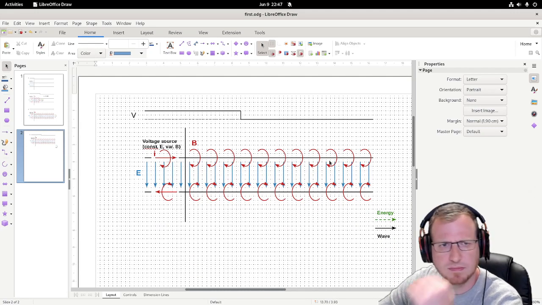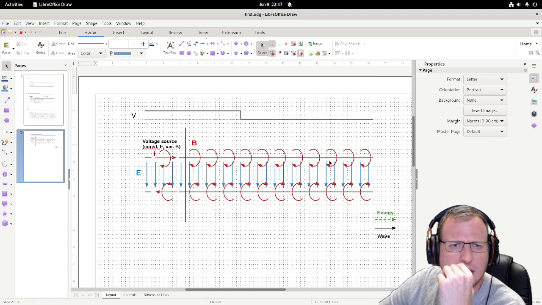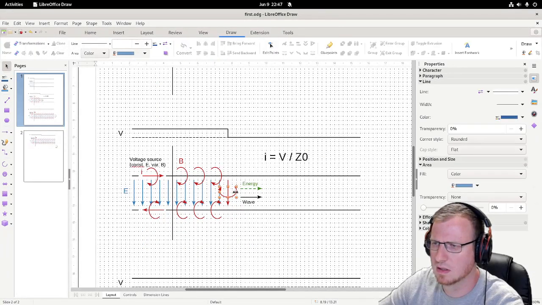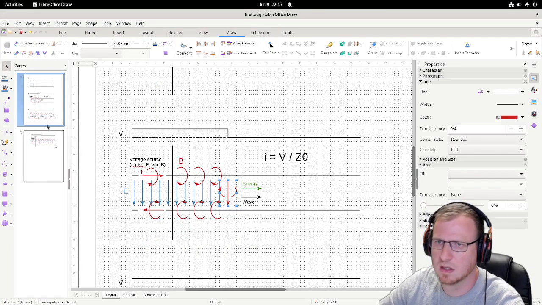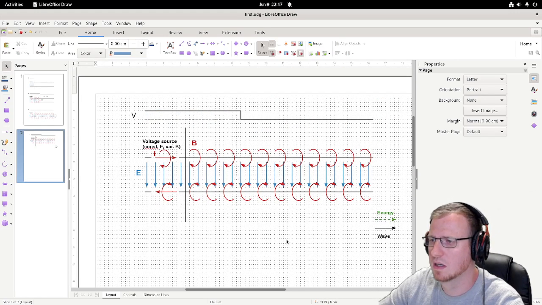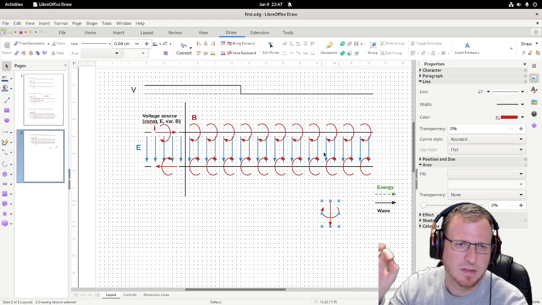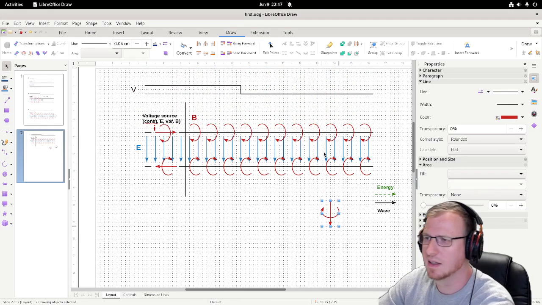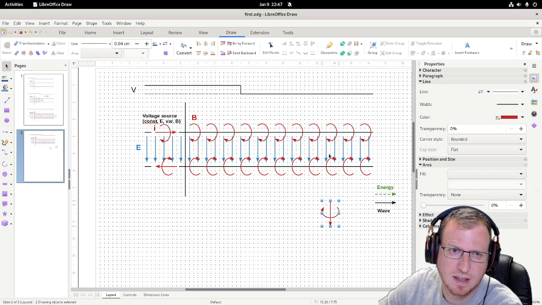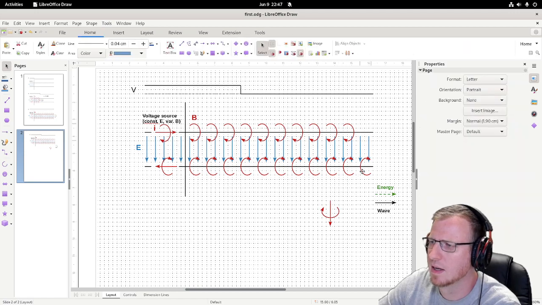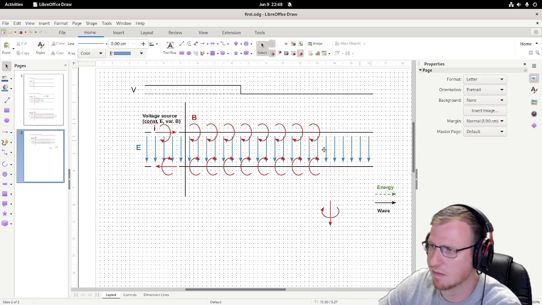And now the wave is traveling in the other direction, and it is overloading the electrical field.